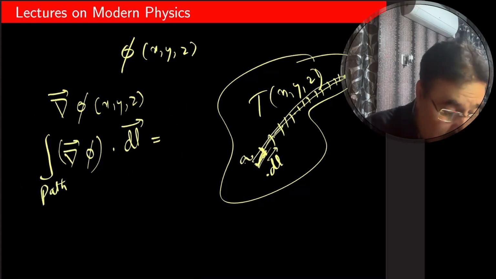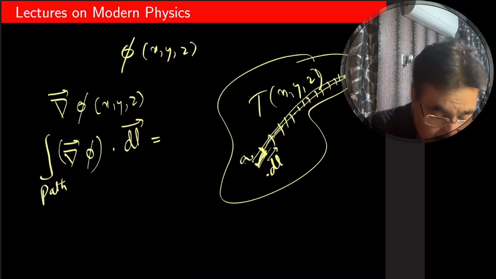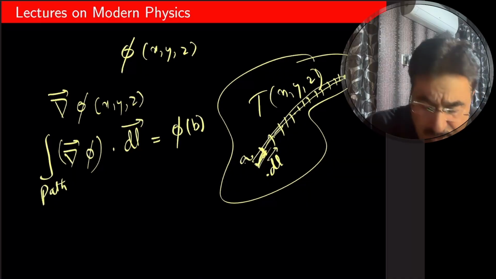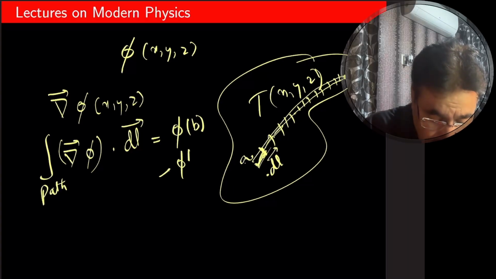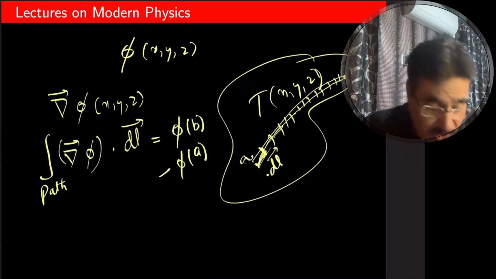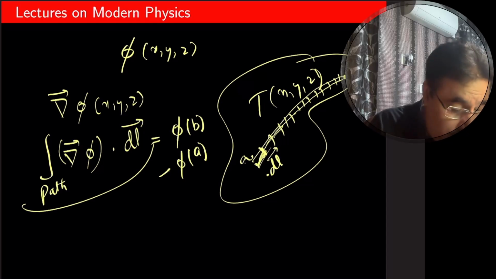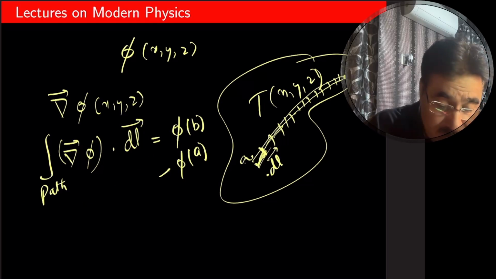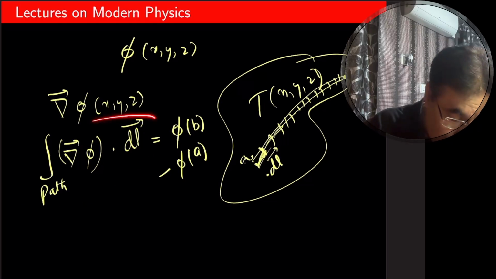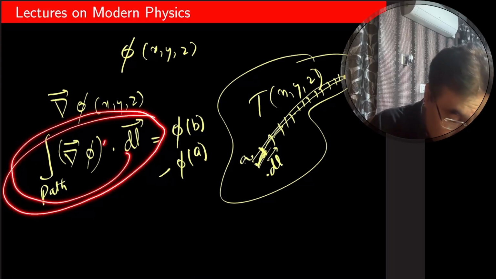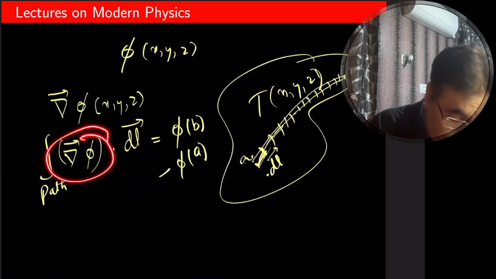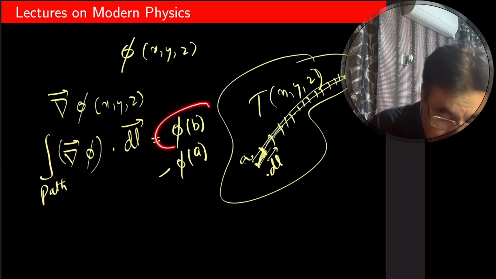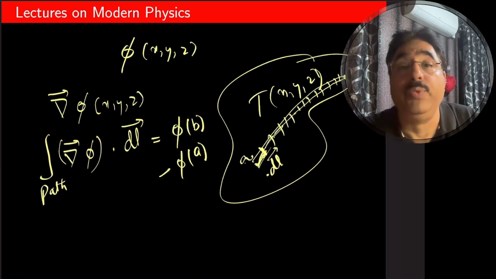It turns out that this path integral is equal to just the value of phi at B, at location x2, y2, z2, minus the value of phi at location A. So integrating the gradient of the field over the whole path is equal to the difference of the field between the two ends.